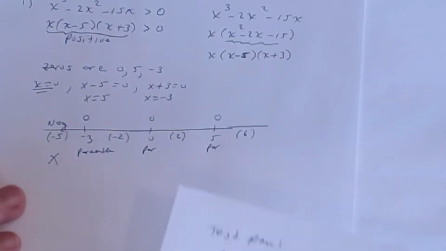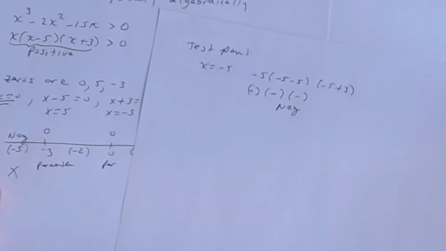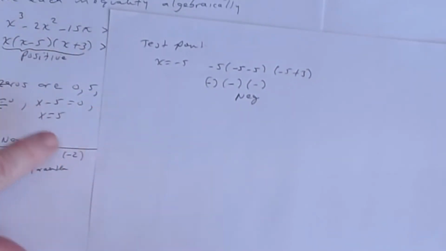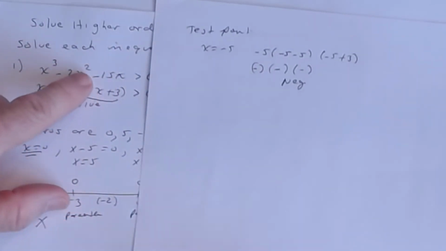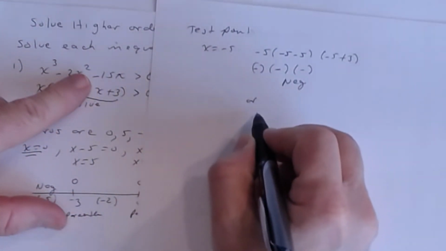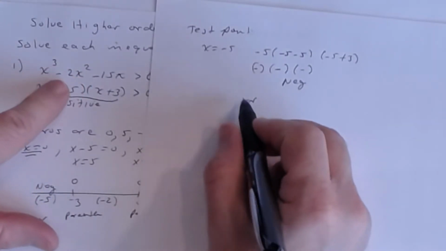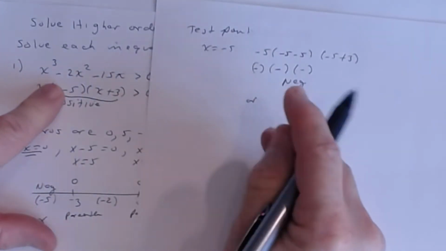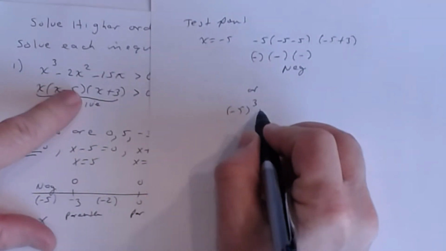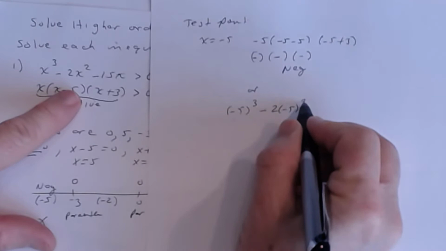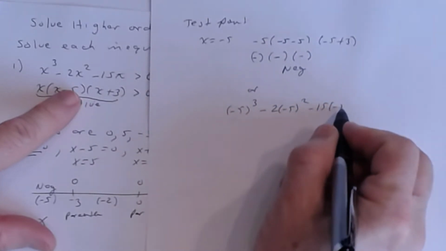Now, if you had gone back and used the polynomial for the test point, you need to be careful. You could have used your polynomial. Since my test point's negative, you need to put that in parentheses. So you would have said -5 cubed minus 2 times -5 squared minus 15 times -5.